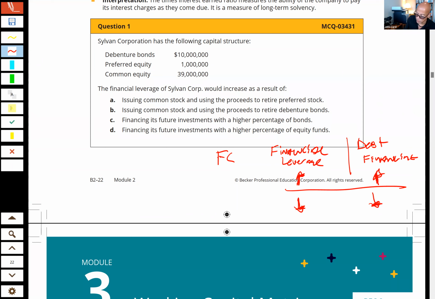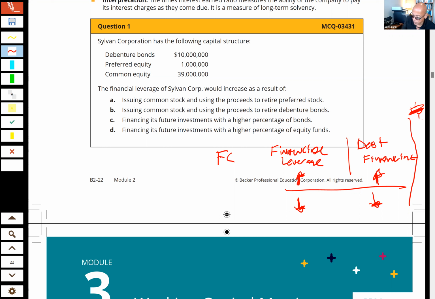Or if we try to put equity in there, I'm just going to put EQ for equity. We have equity financing. Let's just look at it, because more debt financing means what? Less equity financing.